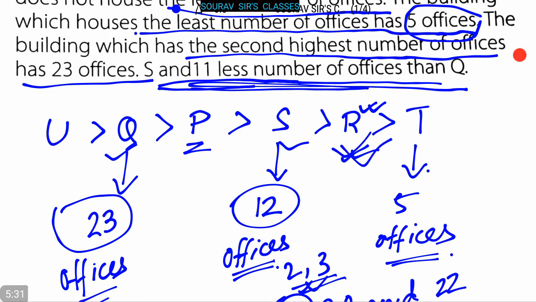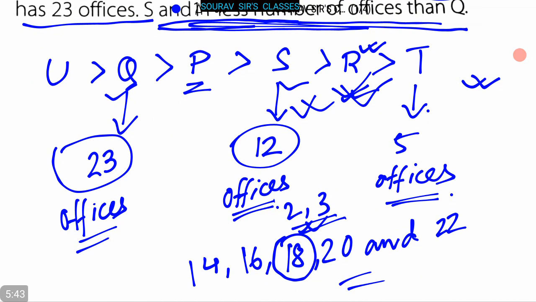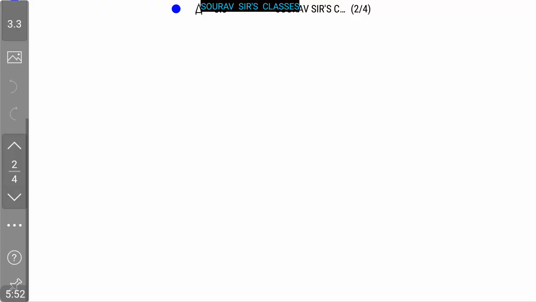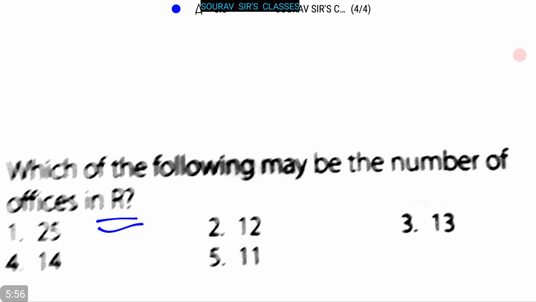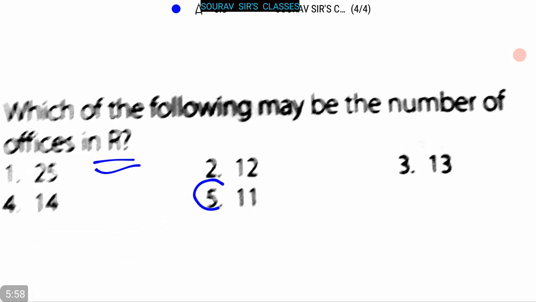So here is R, and R lies between S and T. So the number of offices in R is 11, because 11 is less than 12 and it is greater than 5. So the number is 11. So here option 5 is the correct answer, that is 11.